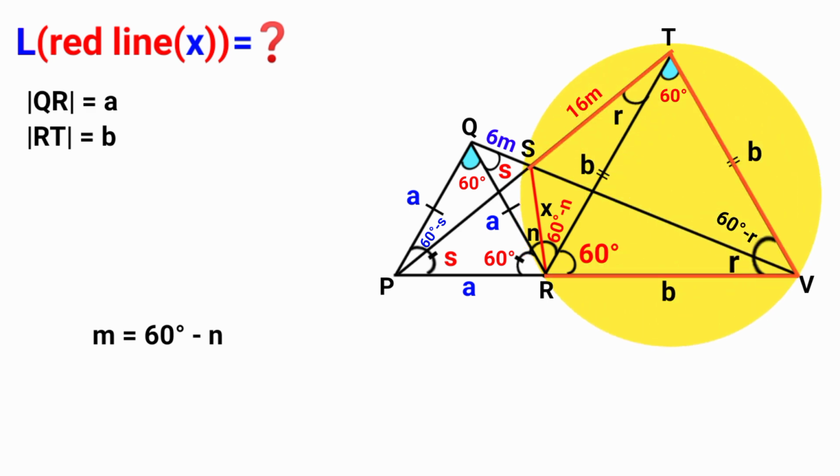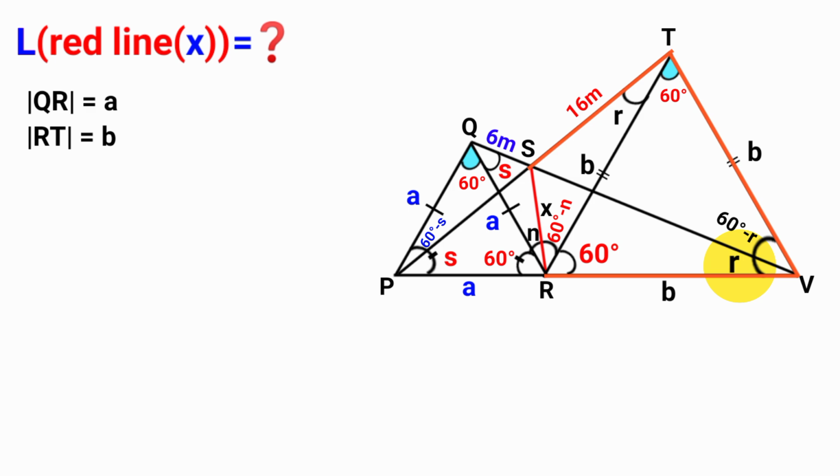Now look at this quadrilateral RSTV. We can see this side subtends this angle and this angle to the vertices of the quadrilateral RSTV facing it, and the two angles are congruent.